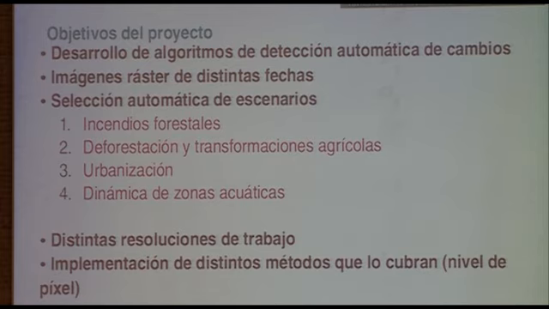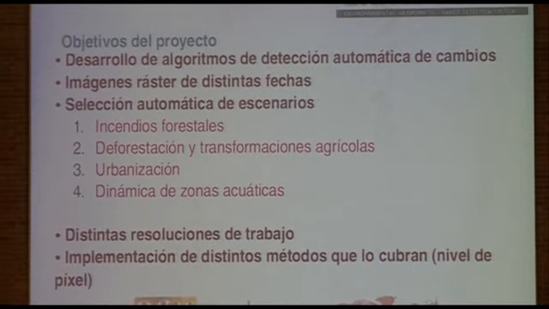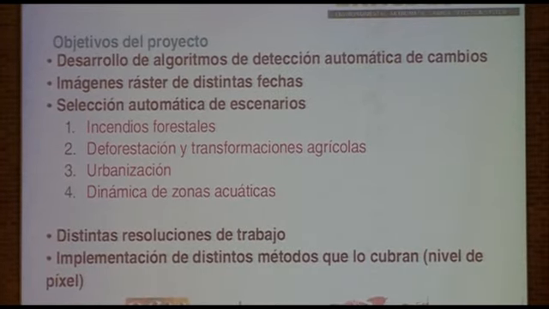So we have defined a series of scenarios, for example, forest fires and water areas, to make sure that the user has the possibility to detect the kind of areas that he wants to study. We have been working with different work resolutions, and it has led to a series of problems that I will describe later on in my presentation.